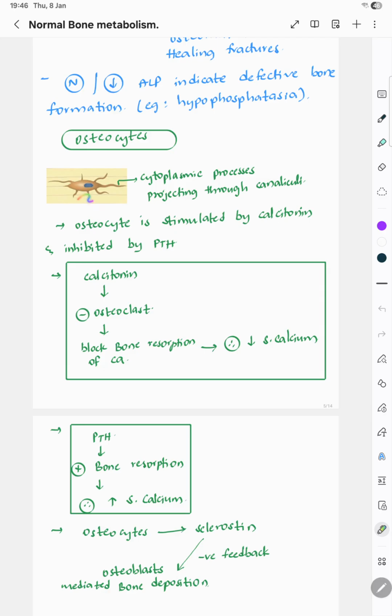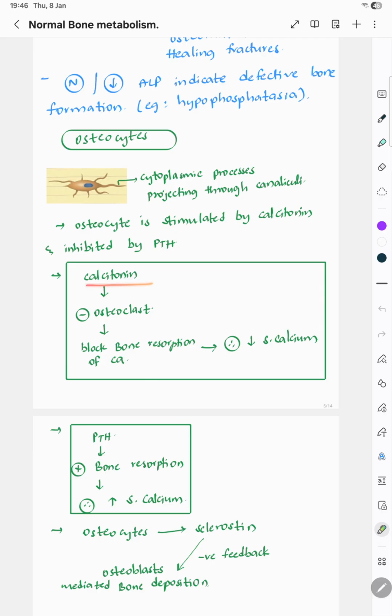This is the osteocyte. These are the cellular processes of osteocyte, and these are the cytoplasmic processes projecting through the canaliculi. Osteocyte is stimulated by calcitonin and inhibited by parathyroid hormone.